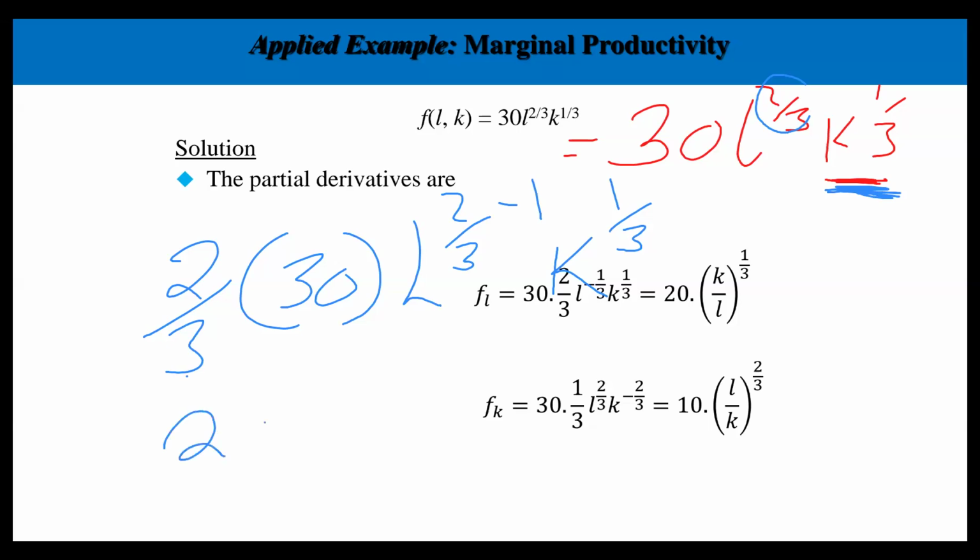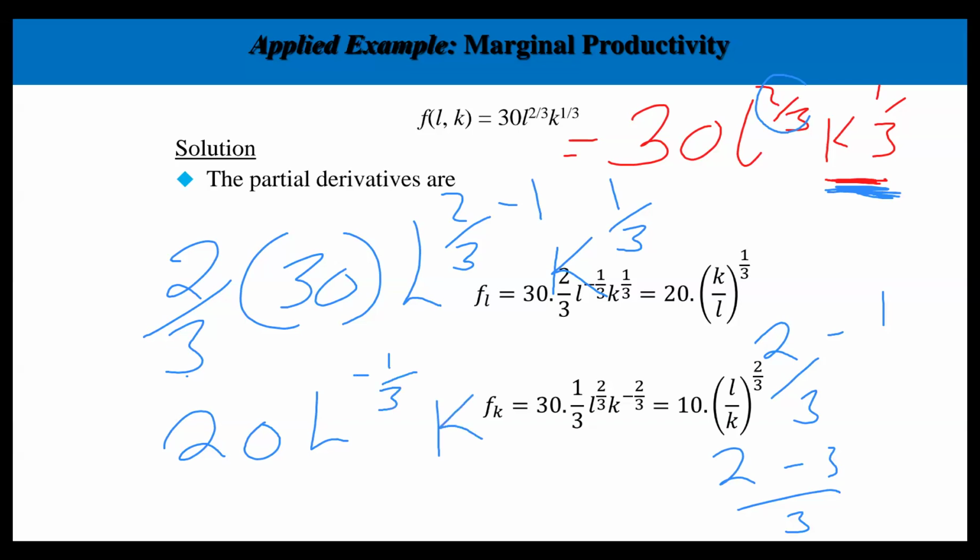It will just give us 20, right? 20 L to the power, what is the 2 over 3 minus 1? So it will be 2 minus 3 over 3. That will be 1 over 3, negative actually. So it will be to the power negative 1 over 3. So L is to the power negative 1 over 3, capital is 1 over 3. You're following, right?